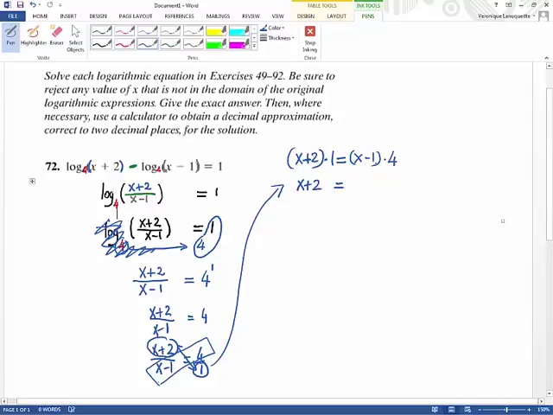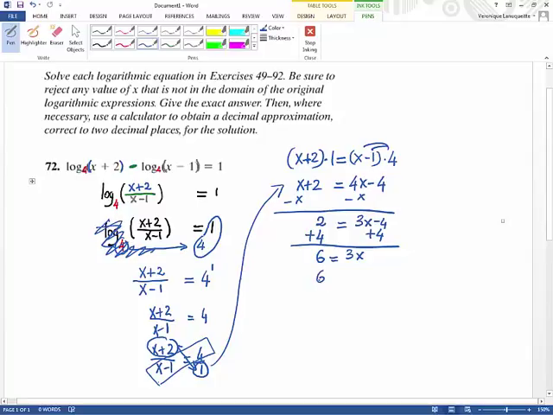So this is x plus 2 on the left equal to, and you can distribute the 4, 4x minus 4, and you can solve this simple equation, and you'll get that 3x minus 4 on the right is equal to 2 on the left. Let's just add a 4 to both sides, and we are solving 6 equal to 3x. Divide both sides by 3, and you get that 2 is what I call a potential answer.